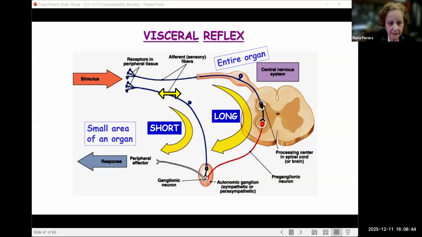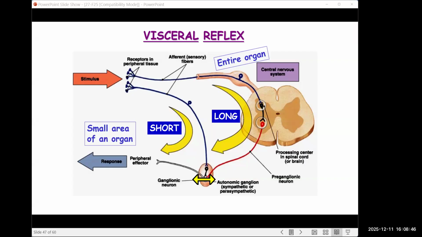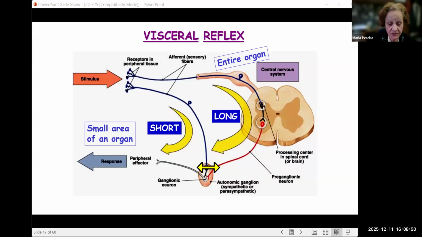You have one sensory neuron and it synapses with a preganglionic neuron at the ganglia directly. Action potential continues with the postganglionic neuron. But you see here, there is no need to go to the spinal cord.